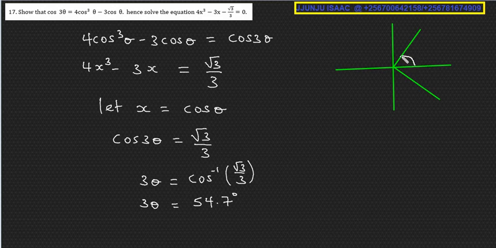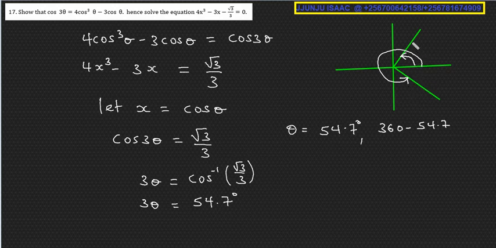So we have this, we have this, and we have this. So we have got 54.7 degrees as the first theta. Then we are going to have the second theta as 360 minus 54.7.